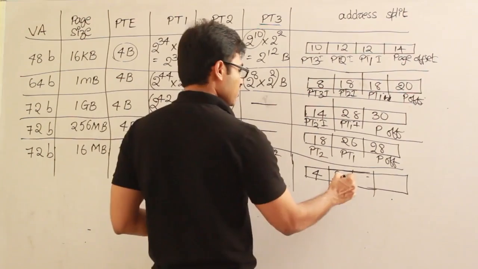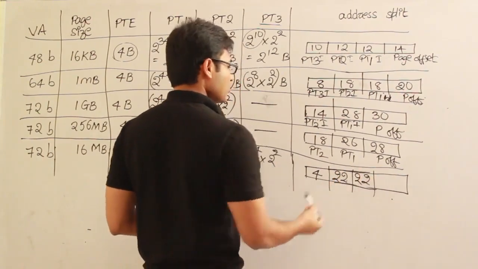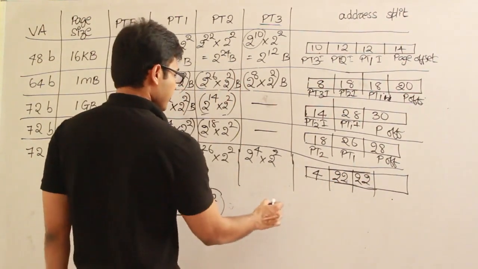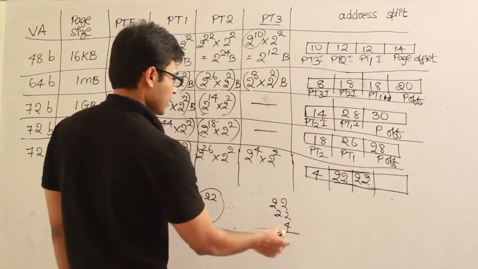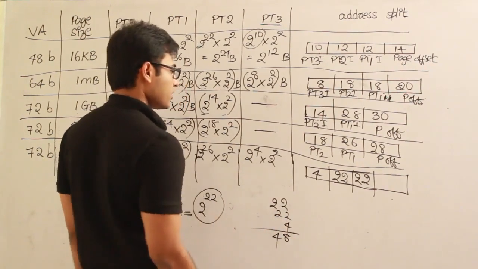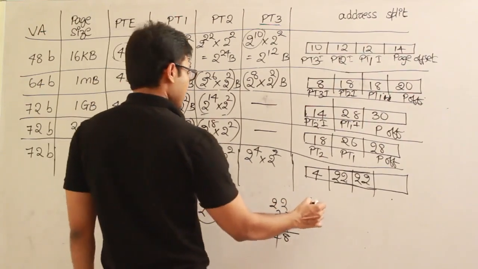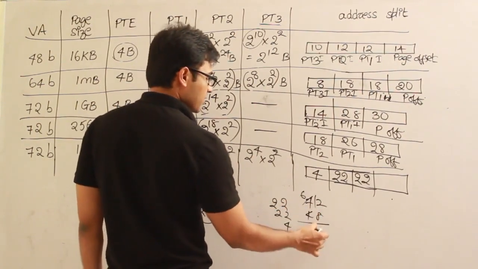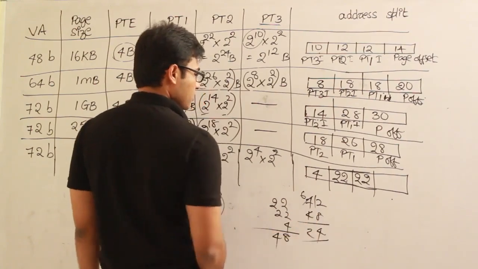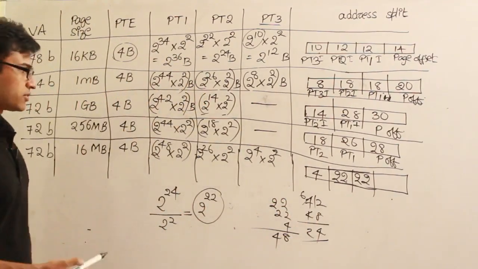Therefore, here it is 22, and the same thing is in the next level too, right? So if I add everything, 22 plus 22 plus 4, then how much do I get? I get 48. And now I have to subtract it from 72. 72 minus 48, then how much do I get? 24. So finally I got 24. That is what I am supposed to get, right?